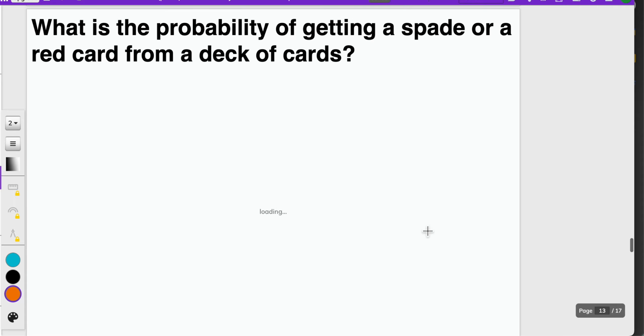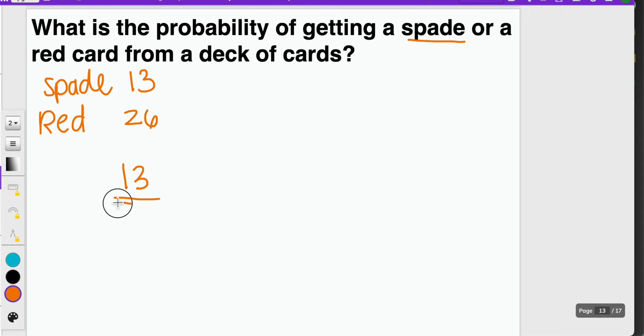What is the probability of getting a spade or a red card? Okay, so spades are going to make up 13 because we have ace all the way through king. So ace, 2, 3, 4, 5, 6, 7, 8, 9, 10, jack, queen, and king is 13. And then red is exactly half the deck, so that's 26.